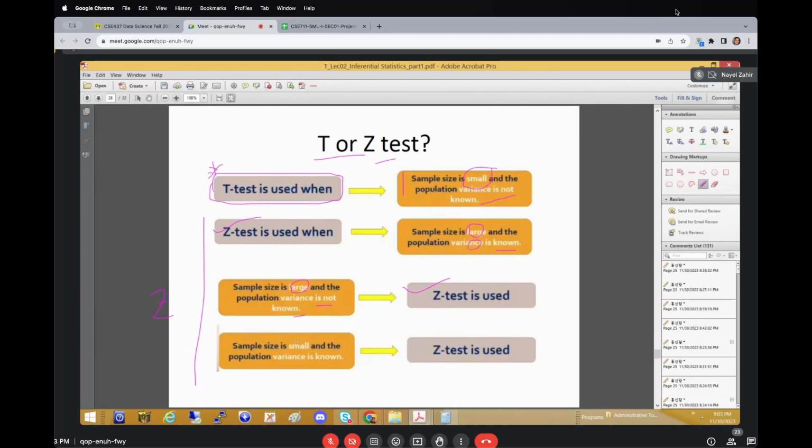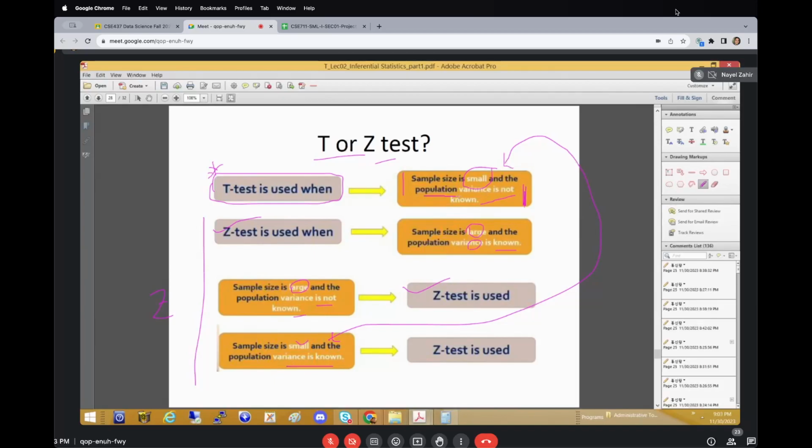Then, sample size is small. This is similar to this one, that is the t-test. So we can see these two are similar. Here also the sample size is small, but here the variance is known, and there the population variance is not known.